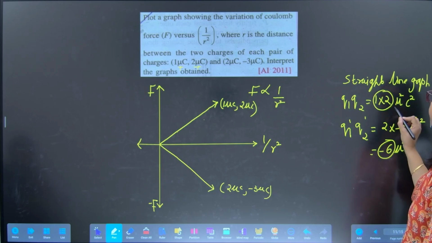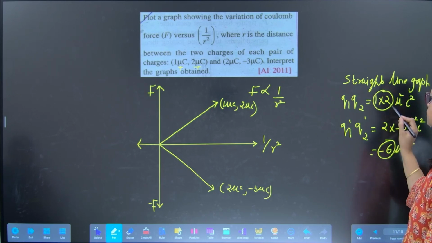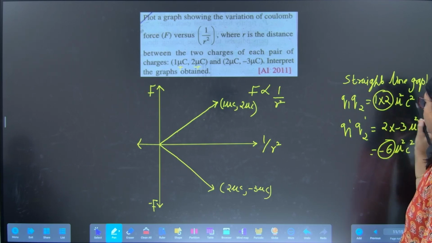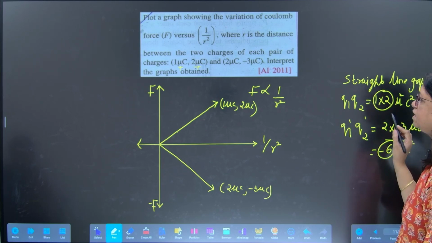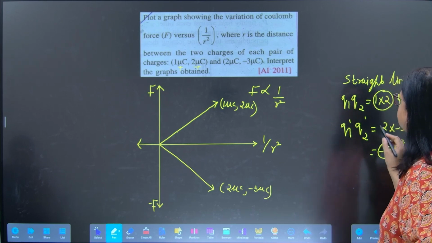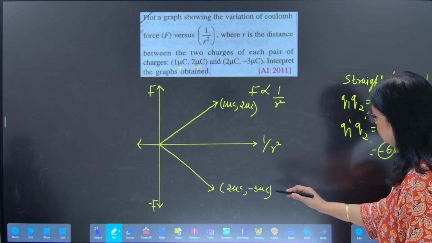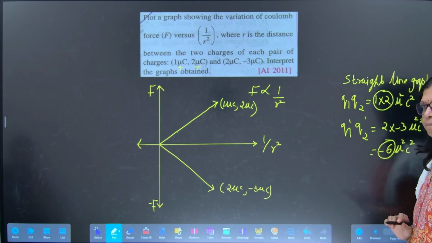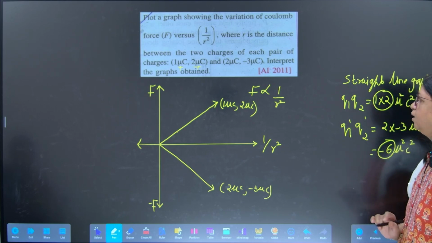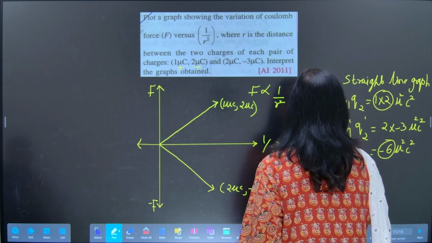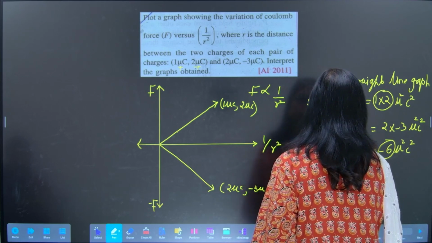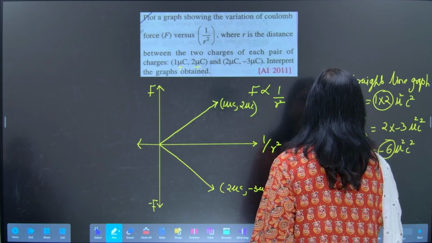The product of the two charges' magnitude for the first pair is 2 and for the next pair it is 6. So the slope for the first pair should be less compared to the slope for the next pair. That is the second interpretation. Here we can write slope less and here we can write slope more.